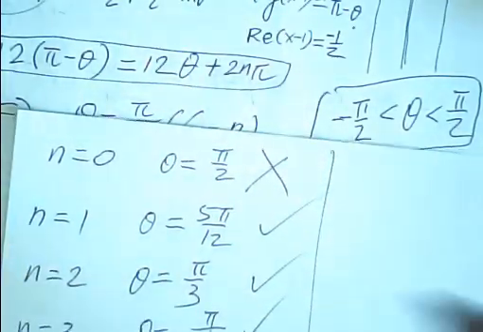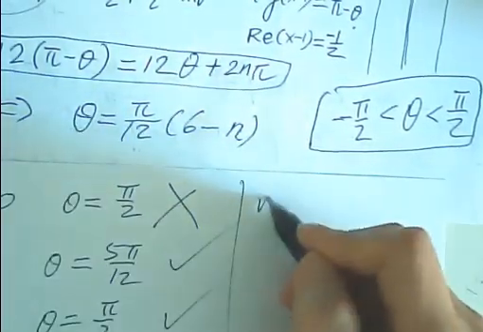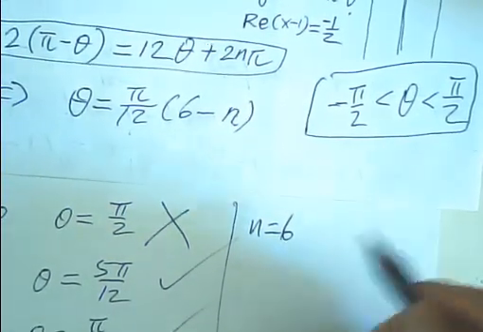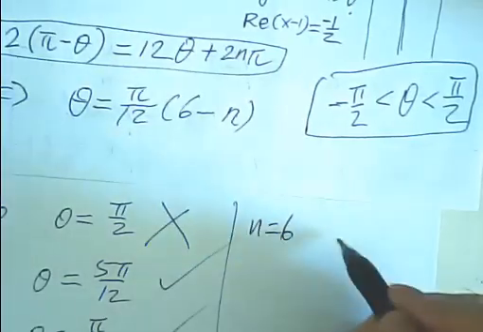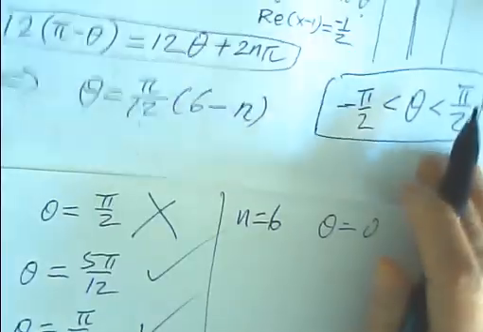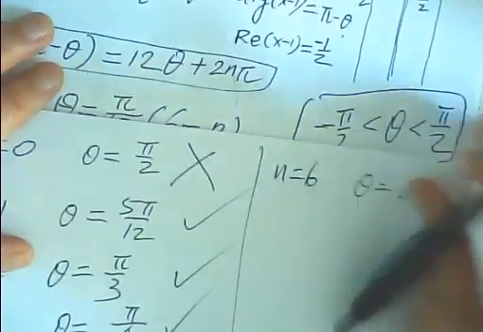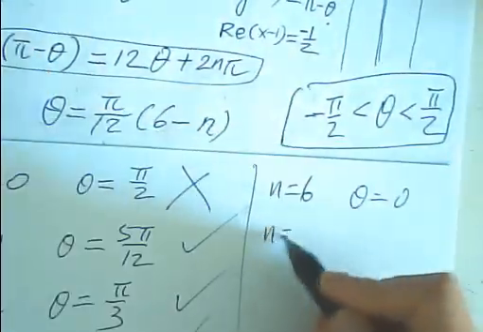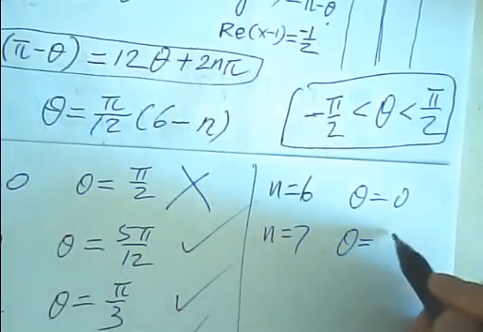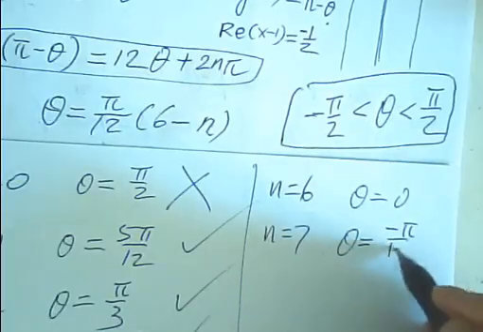Now let me use space here. N equal to 6. Theta is 0, right? Well, no, 0 is good. It's valid. N equal to 7 is negative pi over 12.